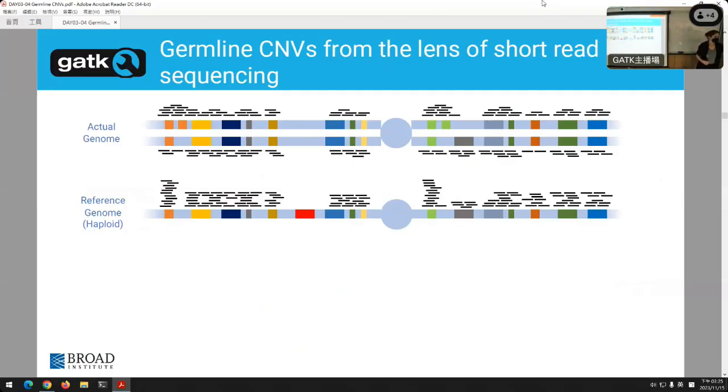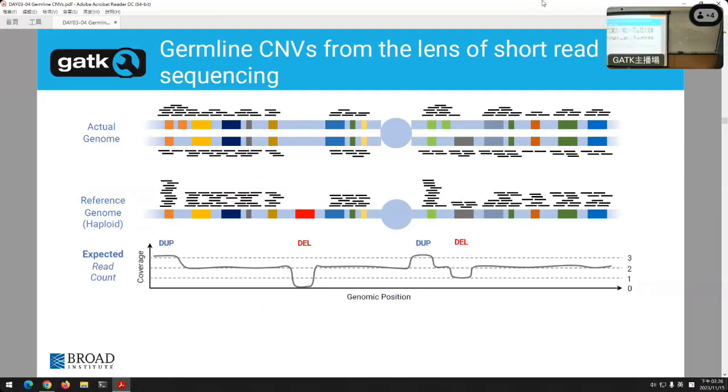So there's an increase in coverage where there were duplications. There's a complete lack of coverage over that red region where there was a homozygous deletion. And there's depleted coverage over the heterozygous deletion in gray. So we can plot that as a very nice coverage profile that corresponds to the copy number across the genomic position.